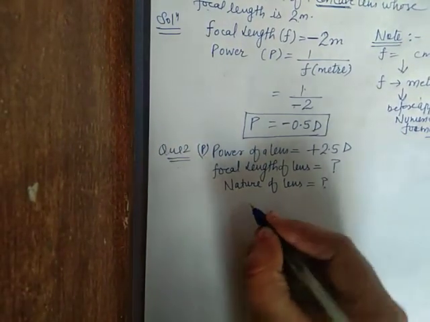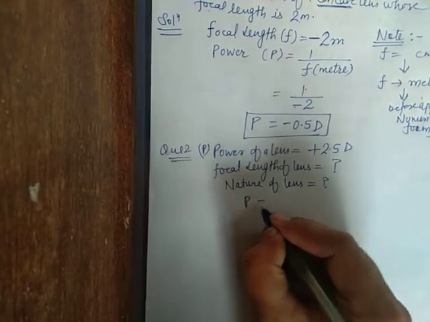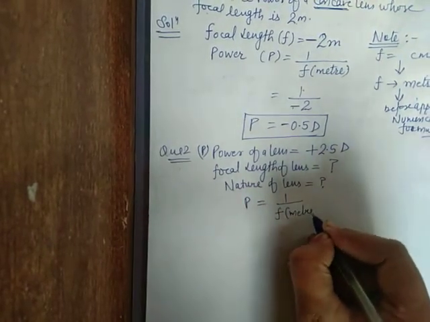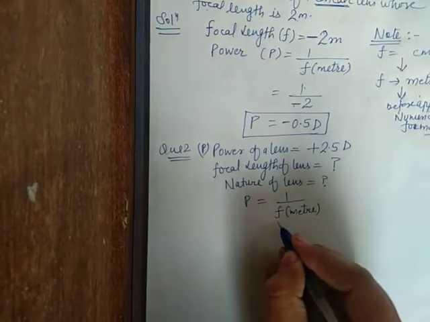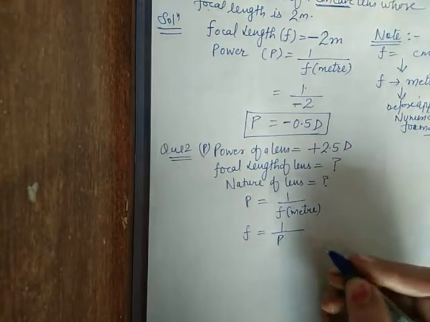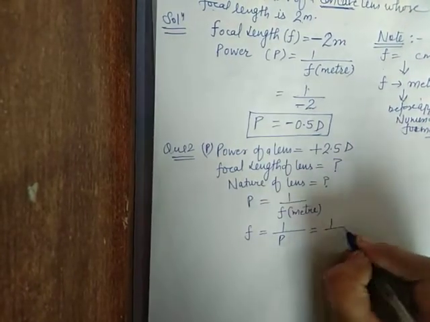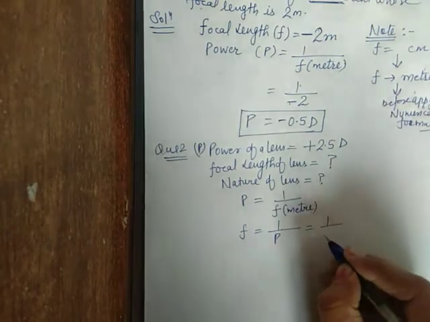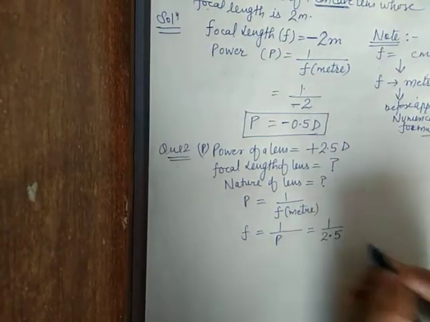Now we know the identity that power is equal to 1 upon focal length, and focal length is in meter. So what will be the focal length? Focal length is equal to 1 upon power. And what is the power given to us? That is 2.5 diopter. So keeping 2.5 here.